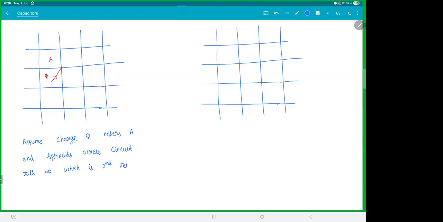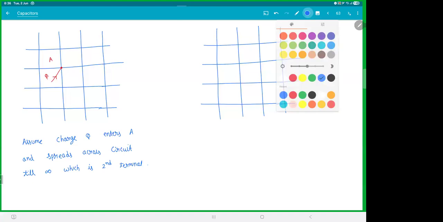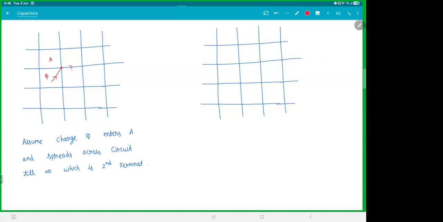A is one terminal and infinity is the second terminal. Now, because the whole circuit is symmetrical, because every capacitor is C, from here we can argue each segment will get Q by 4, Q by 4, Q by 4, and Q by 4.